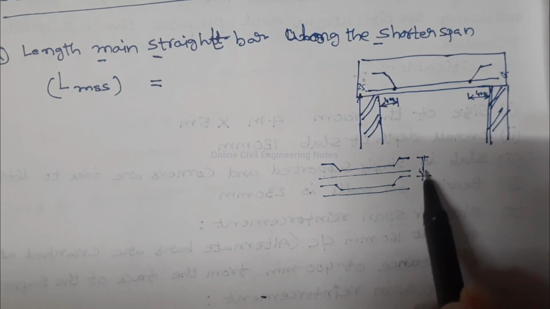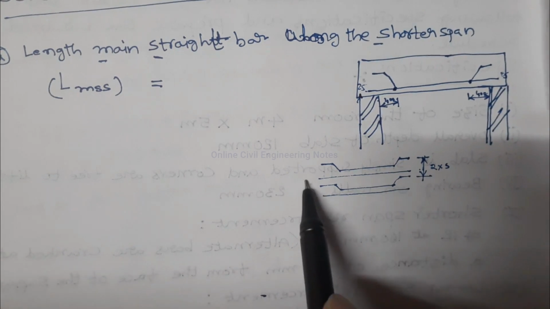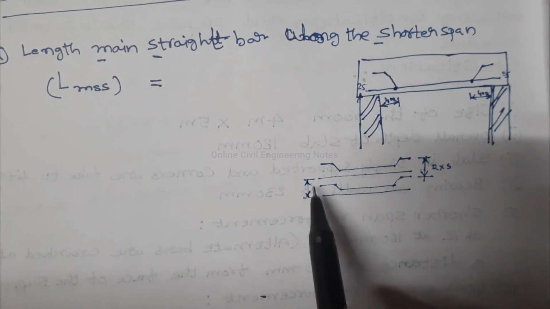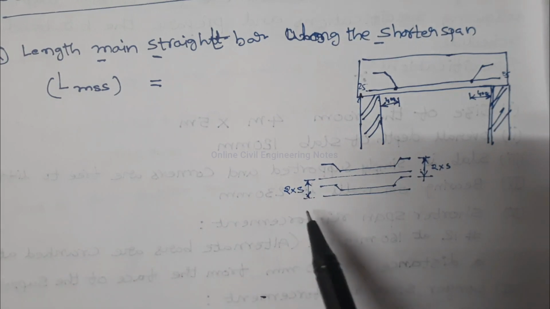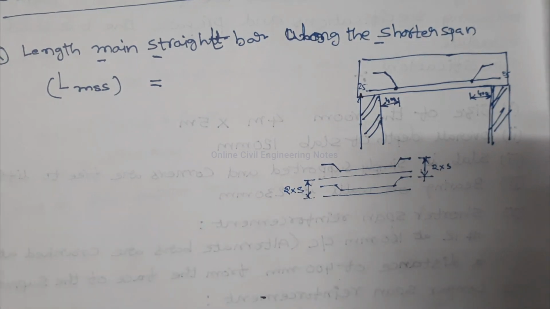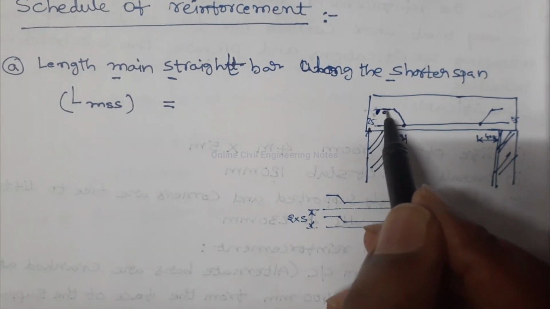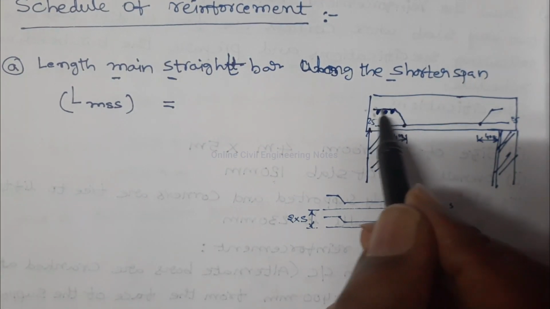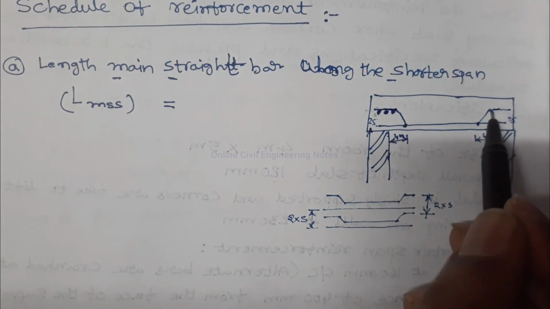The spacing between the two crank bars is 2 times actual spacing. Similarly, for main straight bars, spacing is equal to 2 into actual spacing. And there are 3 hanger bars provided to support this crank on this side, and 3 are on this side.